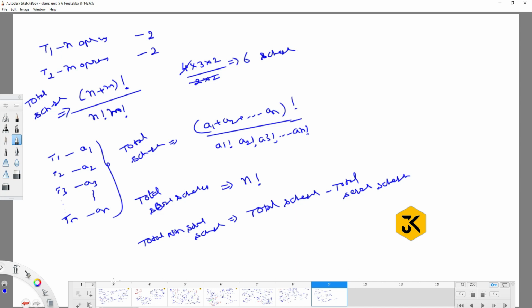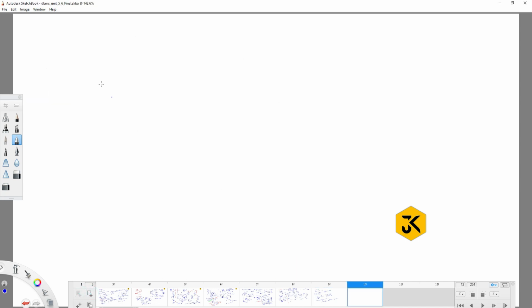Basically, schedules are classified in different ways, based on their characteristics. Among those, the first one, which you know already, is the serial schedule. Serial schedule means each and every transaction is executed one after the other.